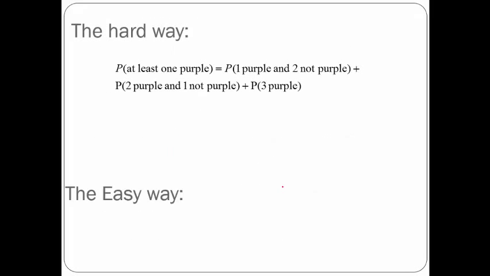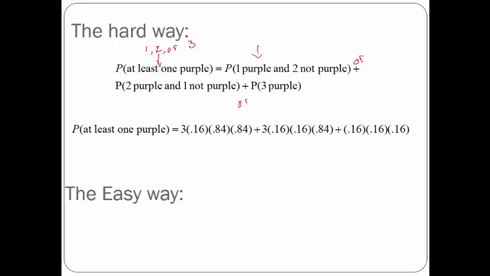Okay, so this one's a little bit tricky. At least one purple means that there could have been 1 purple and 2 not purple, or 2 purple and 1 not purple, or all 3 said purple, right? At least 1 purple means 1, 2, or 3. This gets a little complicated because there's 3 ways that someone could have said at least 1 purple.